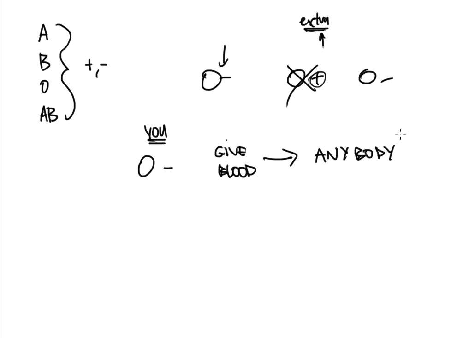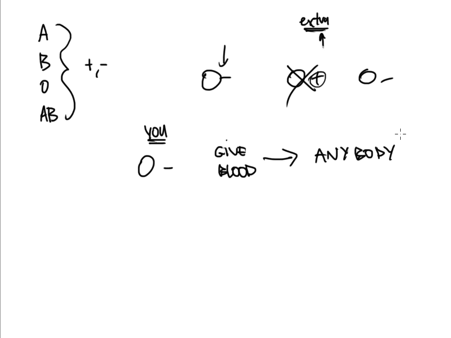Doesn't matter. You can give blood to A's, B's, AB's, O's, positives, negatives. Doesn't matter. Every one of those examples, we included an O minus as a possible answer.